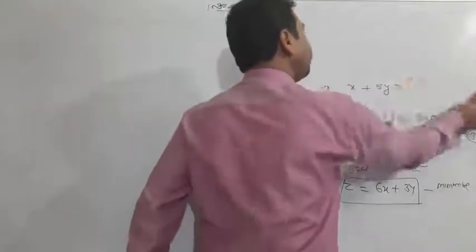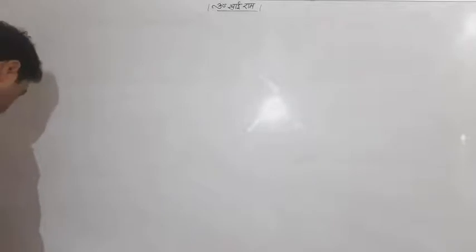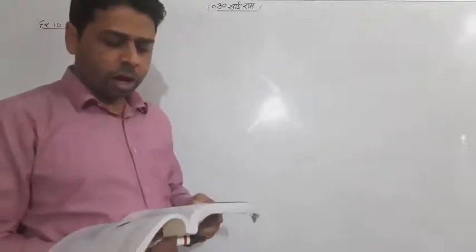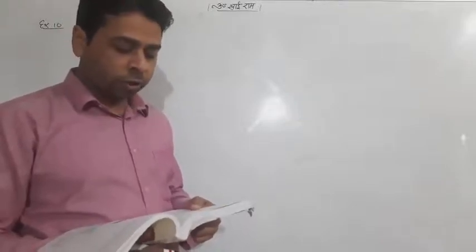Let me tell you the next question. Again, we have example number 10. It's again a manufacturing problem, the same as we have already done. A manufacturer has 3 machines, 1, 2, 3, installed in the factory.